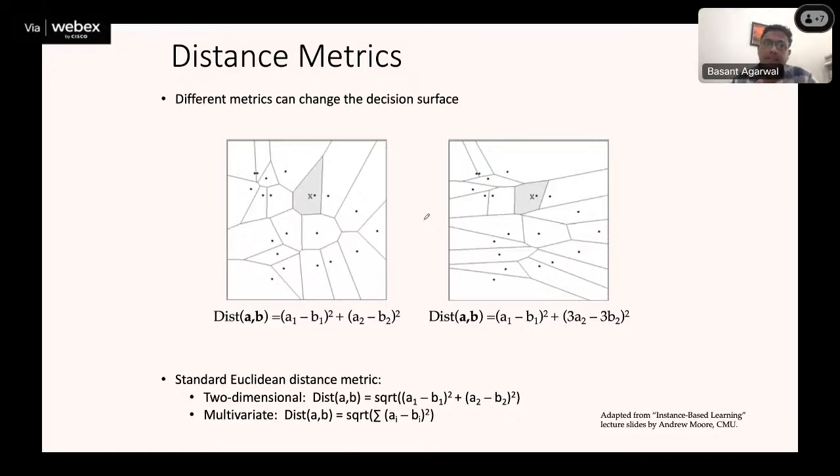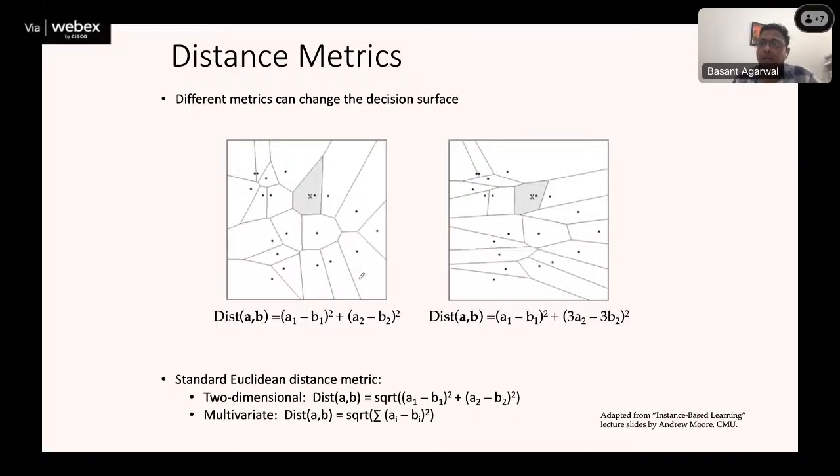In this diagram we can observe that the distance metric we use for the classification is very important. If we change the distance metric, you can see that the decision boundaries also change a lot. So the distance metric is an important criterion when we are using k-nearest neighbor for our problems.